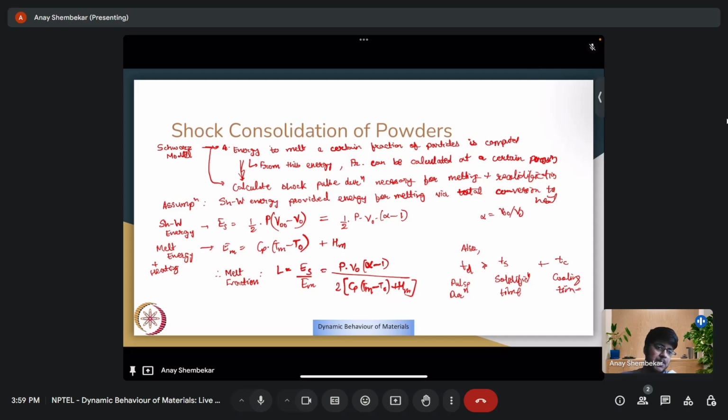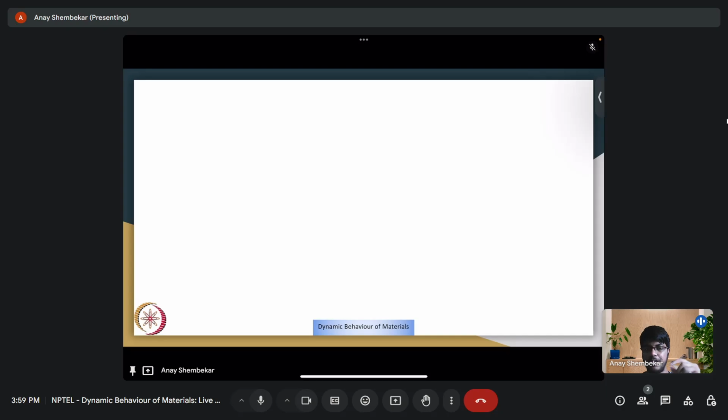So the material must melt and resolidify and come back to its original state. So this is the basic, simplified theory given by Schwartz, wherein we are assuming that all shockwave energy gets converted into thermal energy, that in turn leads to melting.